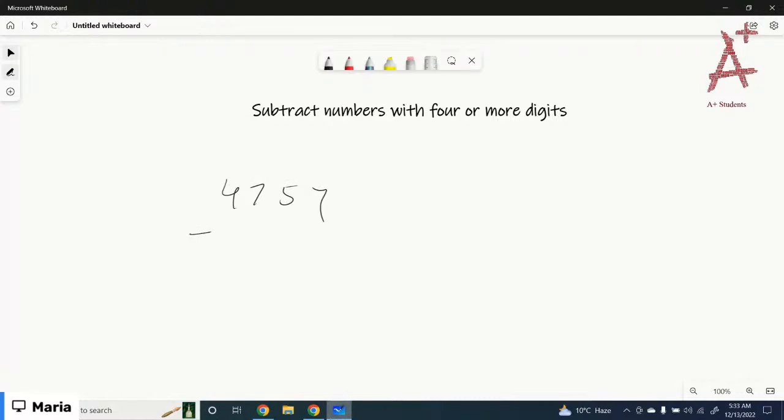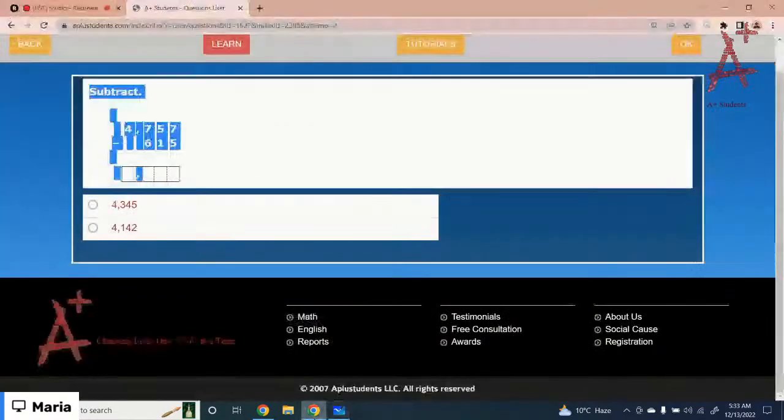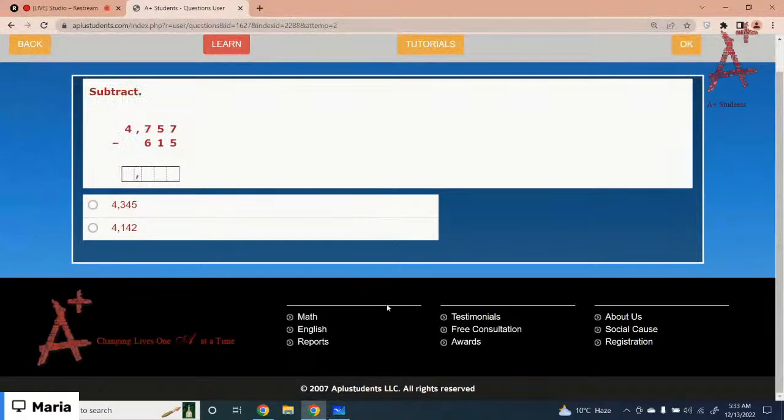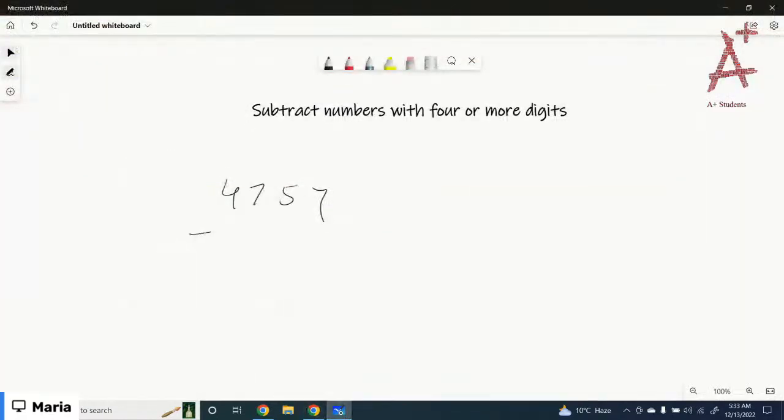4757 subtract 615. So we have to subtract. Got it? We always start with the ones digit. So here is the ones digit. Let's start with the ones digit. 7 subtract 5 is 2. 5 subtract 1 is 4. 7 subtract 6 is 1 and 4.